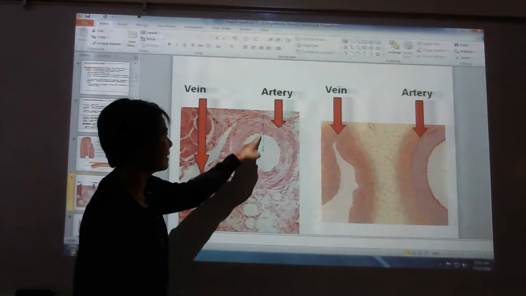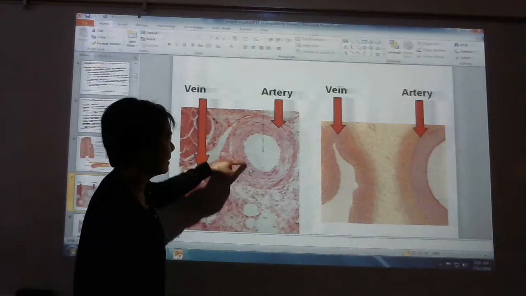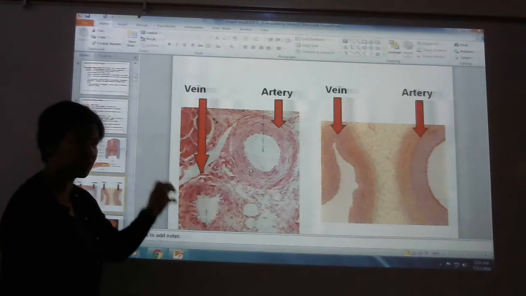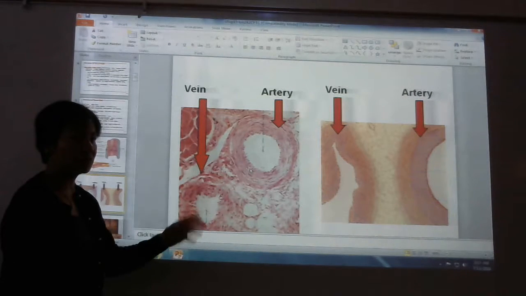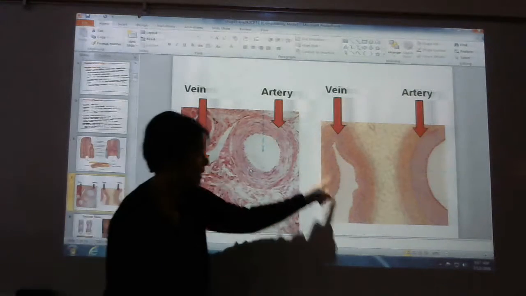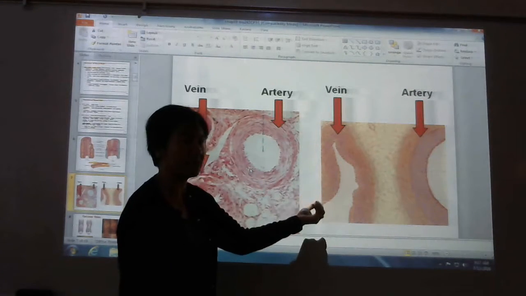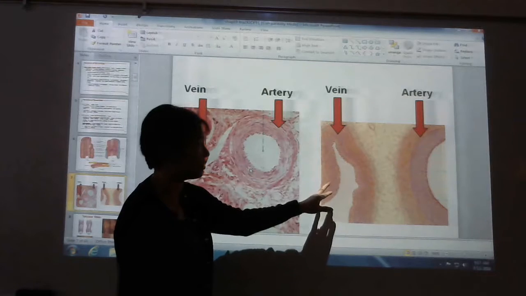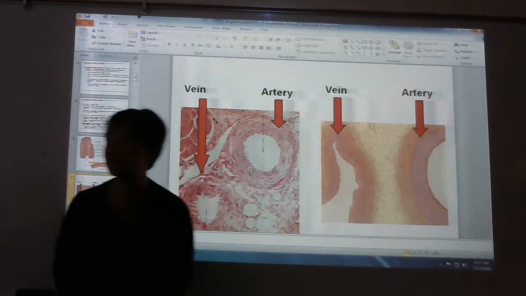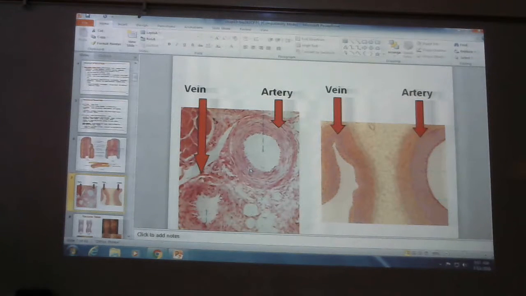And you see that elastic lamina, the elastic fibers? Veins do not have that, and veins collapse. When there's no blood in there, it collapses. So see how the diameter is, the lumen collapses compared to the artery. And the one thing about artery, it has that elastic fiber. Okay?